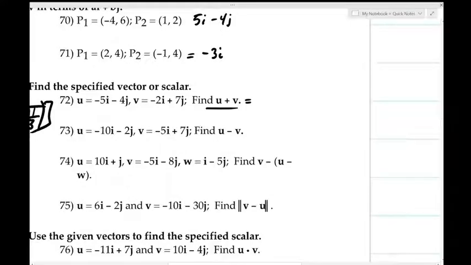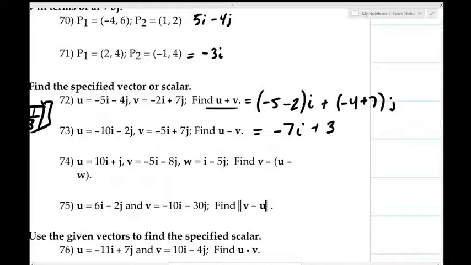So negative 5 minus 2i plus negative 4 plus 7, and that's the j. So this gives us negative 7i plus 3j for the vector components, right? So u plus v is going to be negative 7i plus 3j.